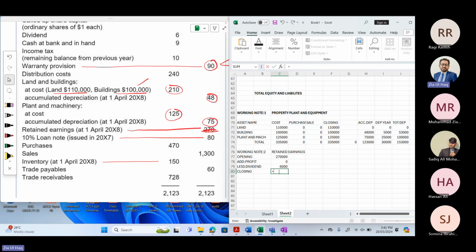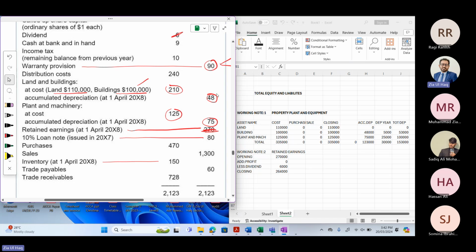Put an equal sign, this, add profit, minus dividend, enter. After calculating profit, we will put it here, and that figure will automatically be adjusted. Is that fine? Okay. So dividend we have recorded. Done with dividend.